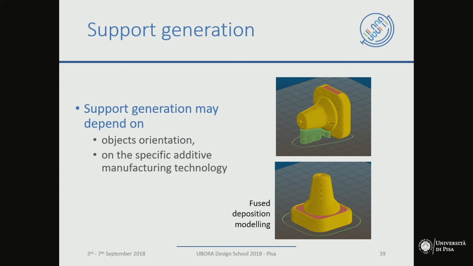So this is the handle of, let's say, a door. According to you, is it better to print in this position, so the layers are as in the bottom figure, or in this position? This one or this one? Why? Exactly.